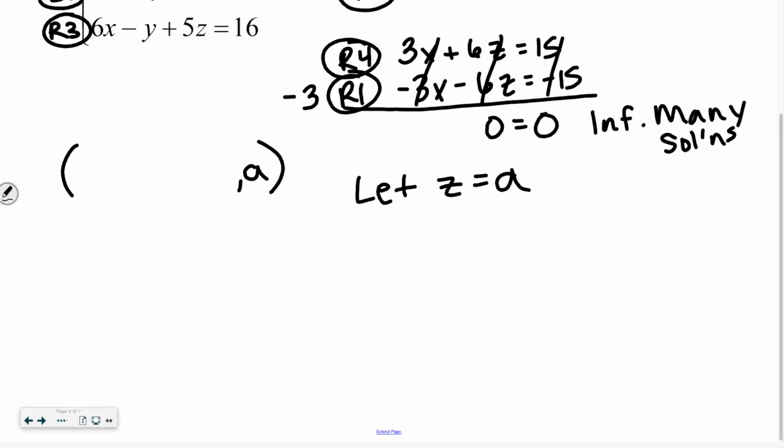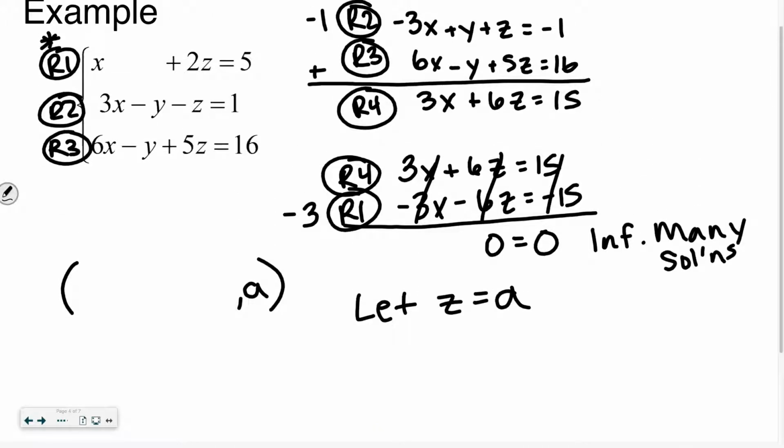Now, if I knew z was a, it's just like saying z is 5. If you knew z was 5, how would you get x? You plug it back in and solve for x. So if z is equal to a, let's plug it back in and solve for x. The rule doesn't change just because it's not a number. So I think I'm going to plug it into row 1. What does row 1 look like? Yeah, x plus 2z equals 5. So I'll move it back up here in just a second.